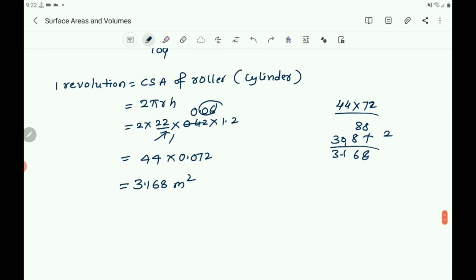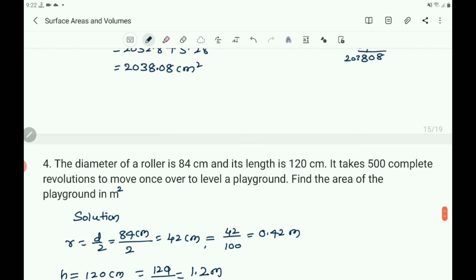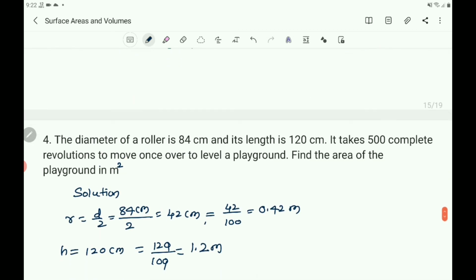Then area of playground equals, it takes 500 complete revolutions.